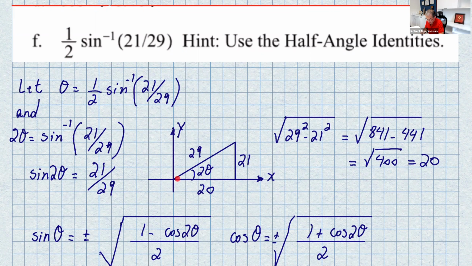You can just draw the triangle. Sine 2 theta, so this is 2 theta. And sine is opposite over hypotenuse, so it's 21 over 29. And find that side also by using the Pythagorean theorem. So if you do that, I did the calculation here, you get 20.